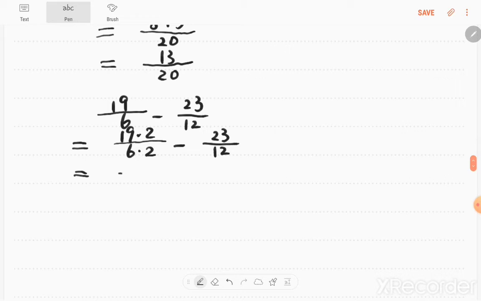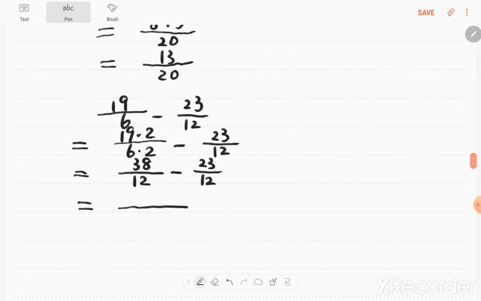So for the first one, we will get 12 as our new denominator. So we switch 19 over 6 to 38 over 12. So they are equivalent. And the minus 23 over 12.